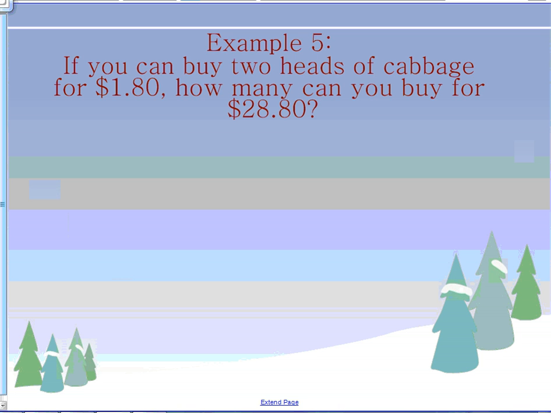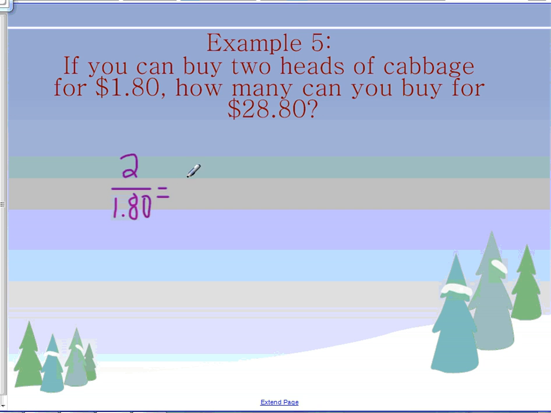All right, we can also use proportions to solve word problems. So for example, if you can buy 2 heads of cabbage for $1.80, how many can you buy for $28.80? So we have a ratio in here. For 2 heads of cabbage, it costs $1.80.